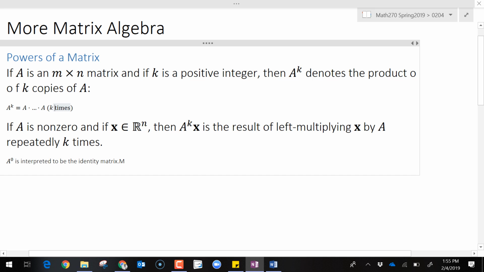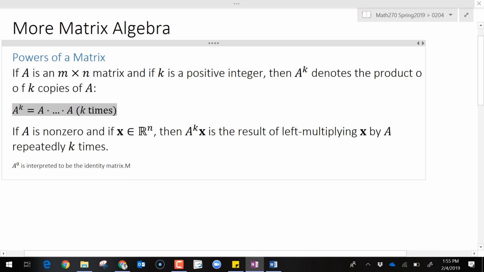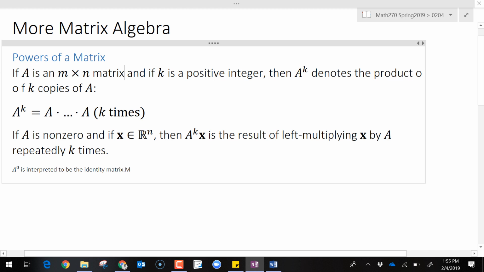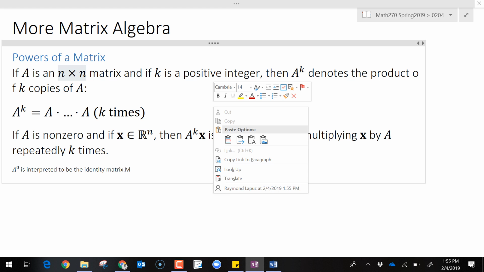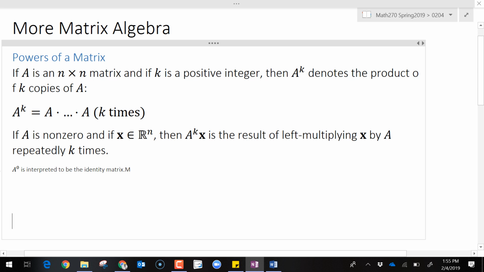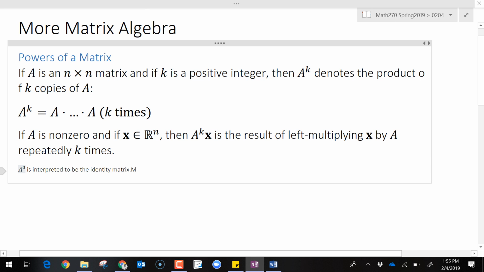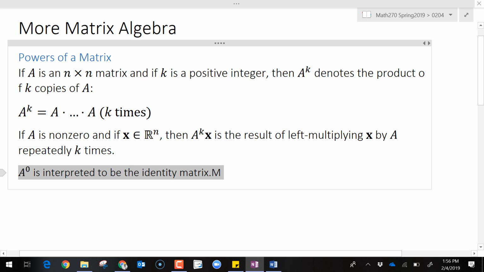So powers of a matrix. A matrix to a power is the same thing as you would know it to be in regular algebra.